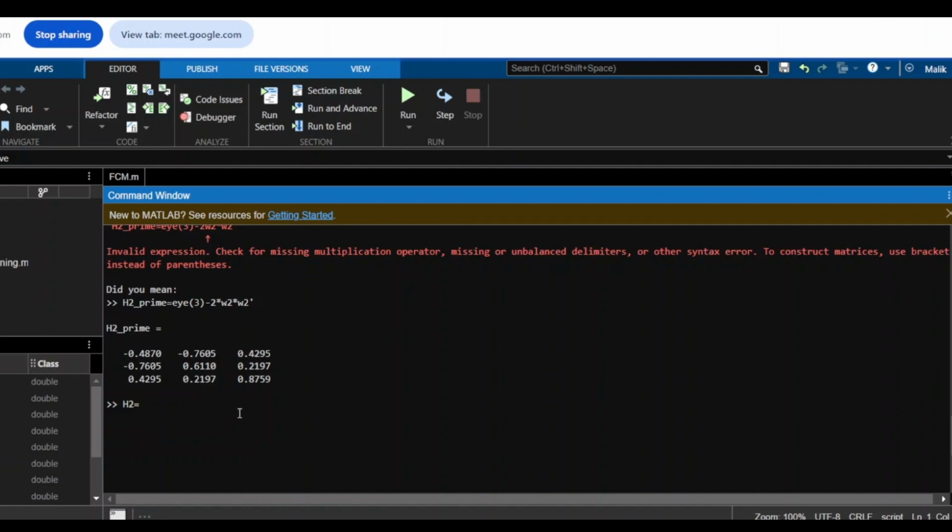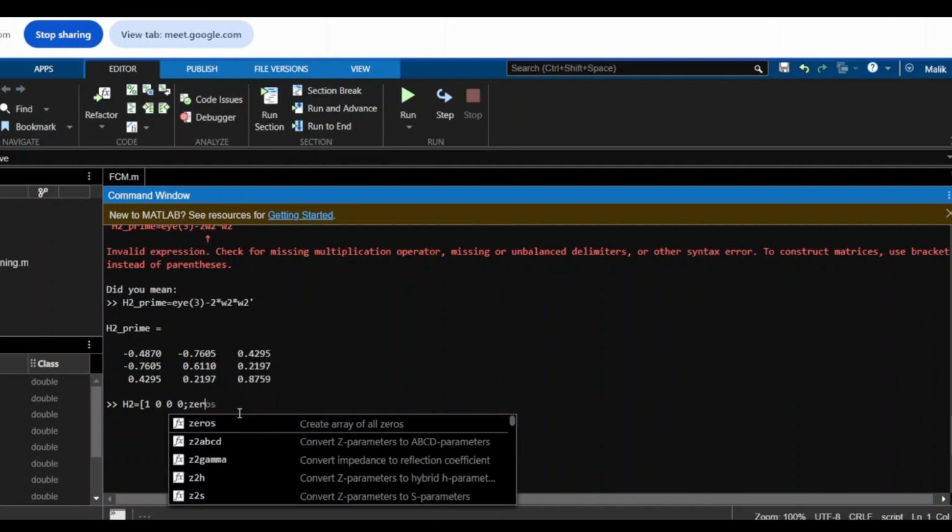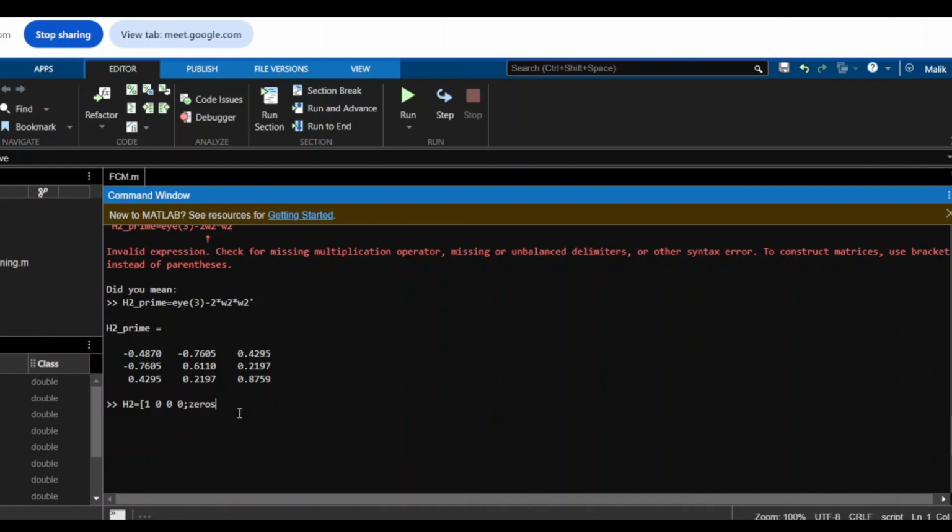So I will write H2 as: my first row is 1, 0, 0, 0. Now in my second rows, I will write zeros, zeros from 3, comma 1, and then H2 prime.